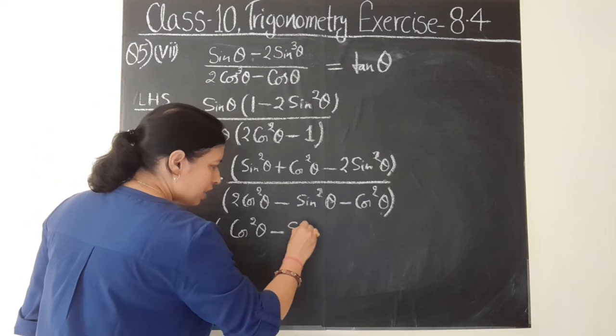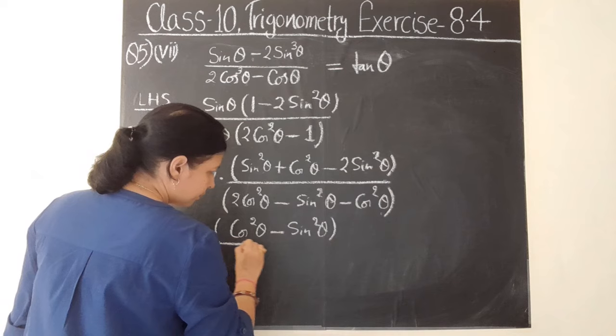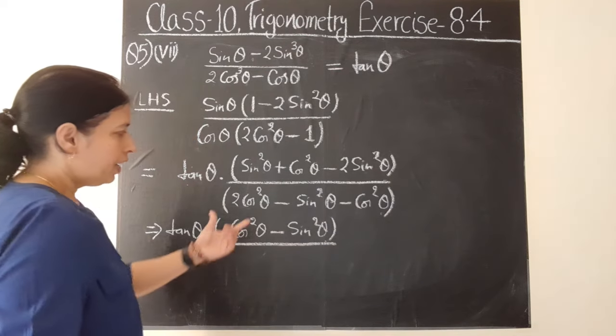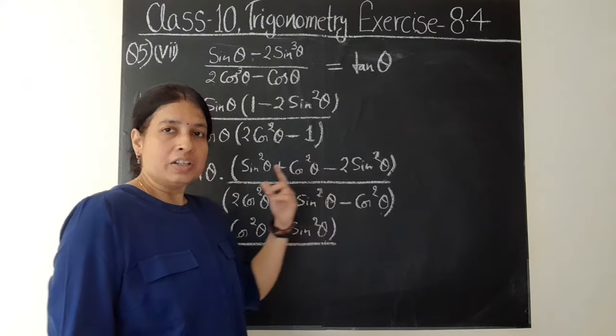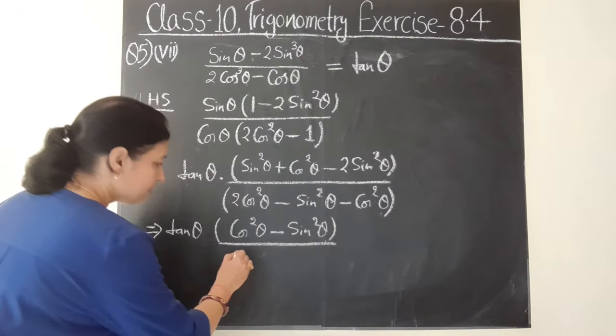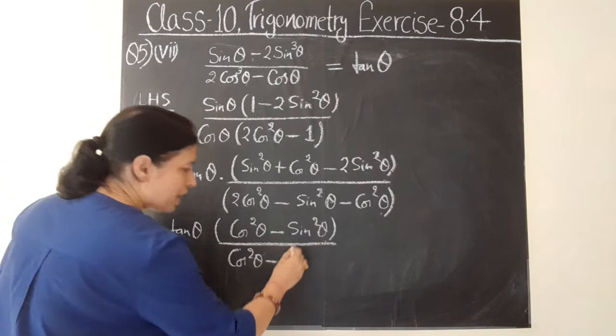So write here minus sin square theta. Here it is 2 cos square theta minus cos square theta, so it will be cos square theta. So write here cos square theta minus sin square theta.